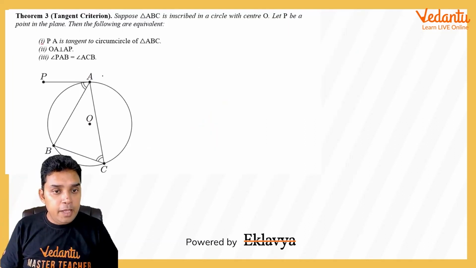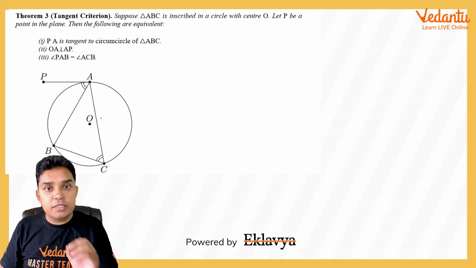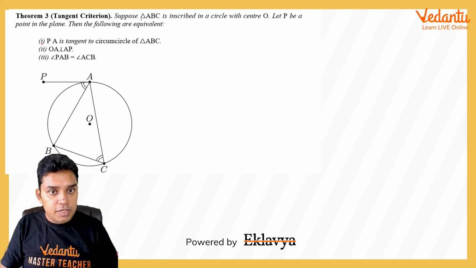Please see, if you have a tangent AP, and if you join A with some other points B and C, then there are a few things that we need to take care of. Suppose triangle ABC is inscribed in a circle whose center is O, and P is a point in the plane, then these three things are equivalent. What are these three things?